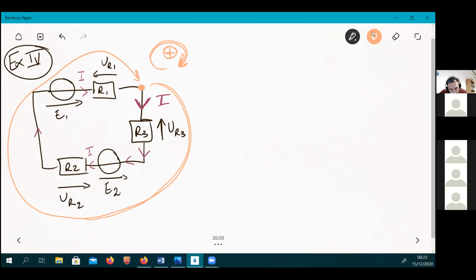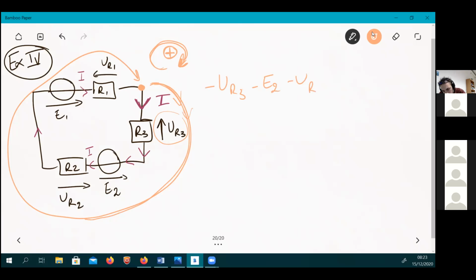So I'm going to do this with you right now. Let's start from this node here and we go. Here we face this UR3, which is in the opposite direction. Remember, we go in this way. So it's minus UR3. Then keep going. I face E2 in the opposite direction.